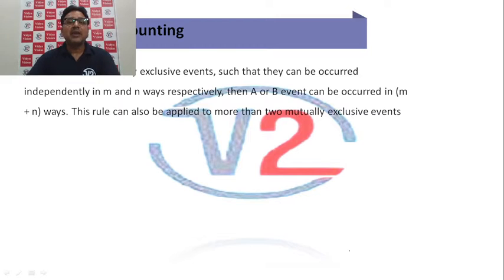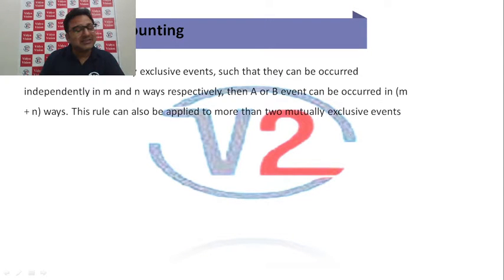Such that they can occur independently in M and N ways respectively, then A or B events can occur in M plus N ways. This rule is applied to more than two mutually exclusive events.